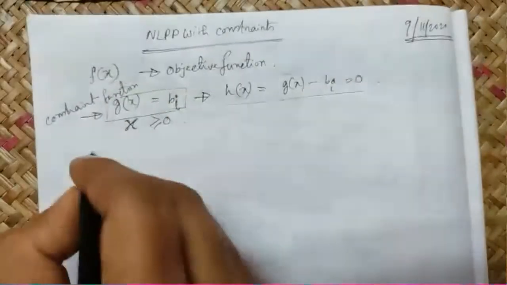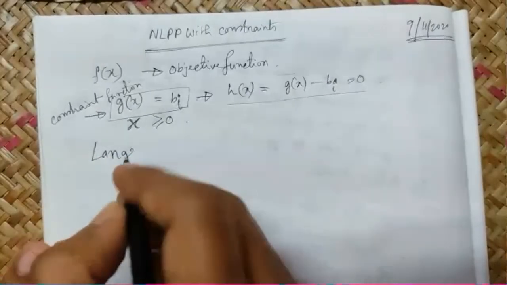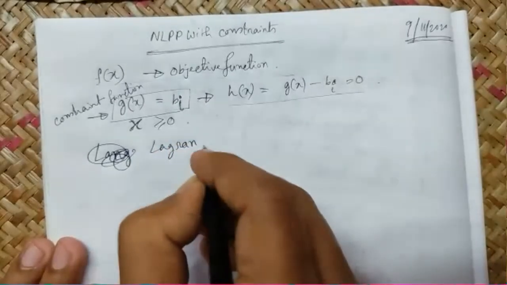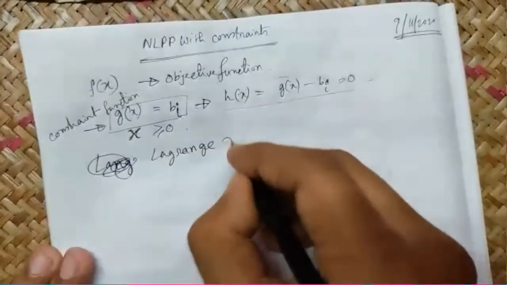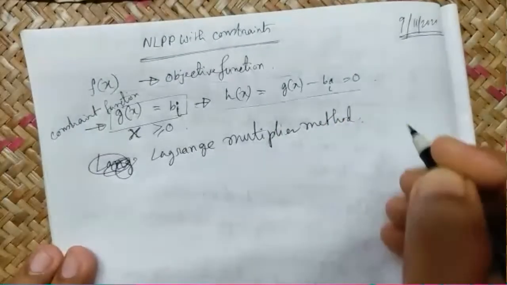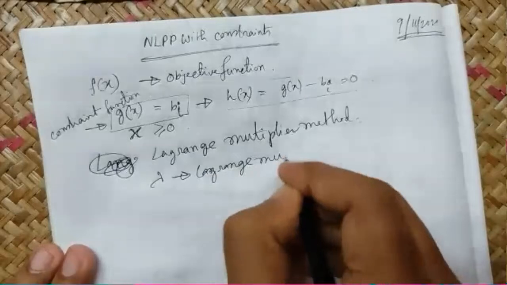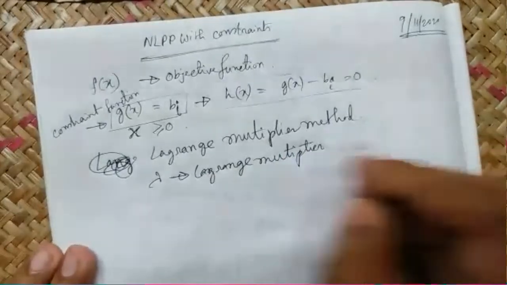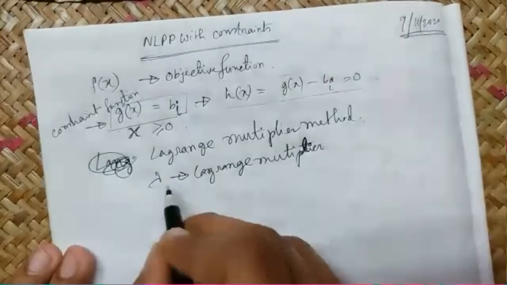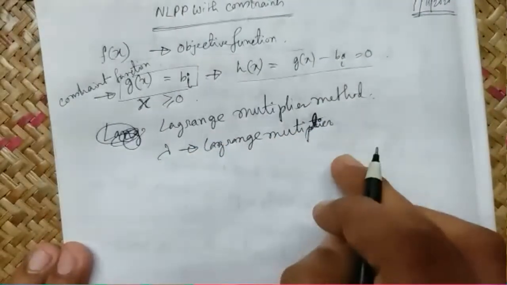So we will take help of the Lagrange multiplier method, where lambda will be called the Lagrange multiplier. This is L, this is not T, this is L. The method is the Lagrange multiplier method, lambda is the Lagrange multiplier.